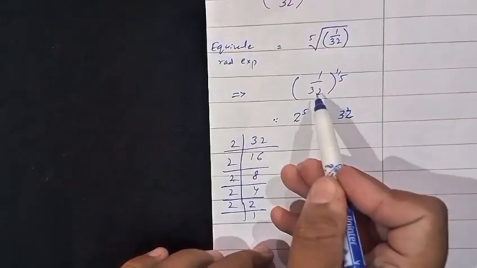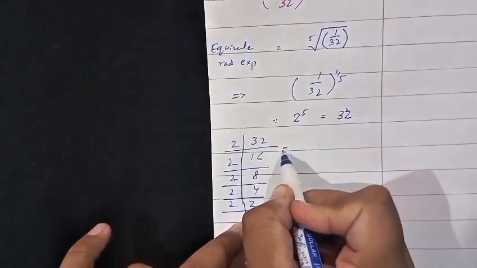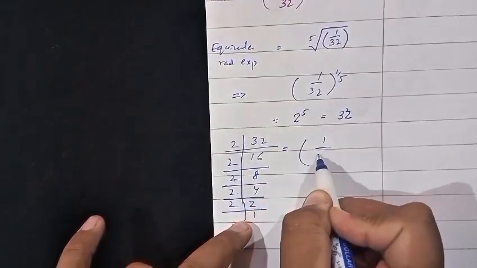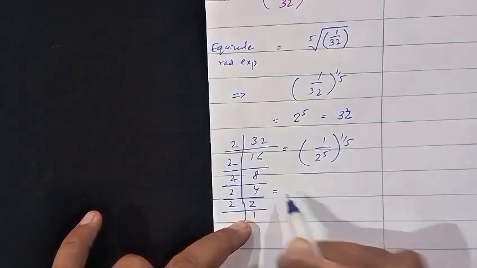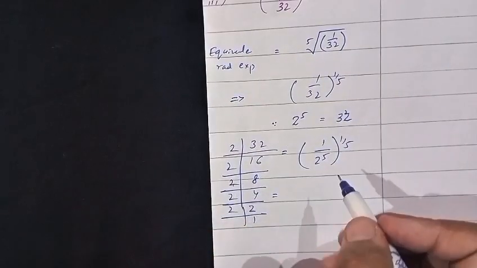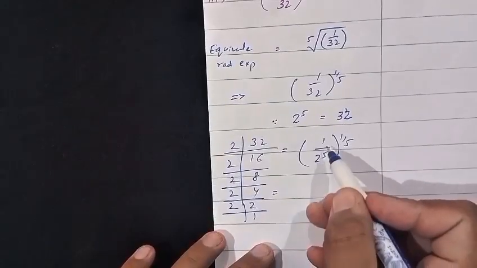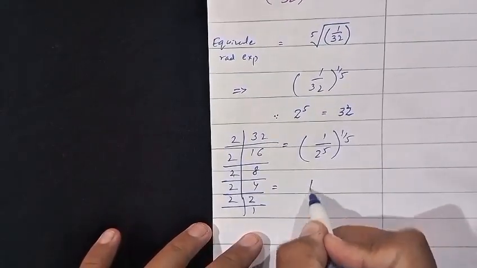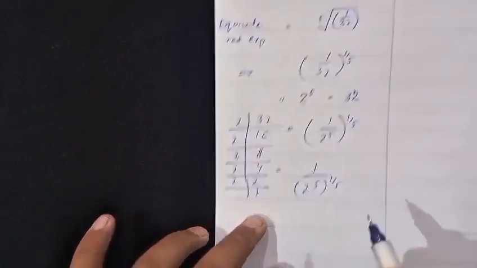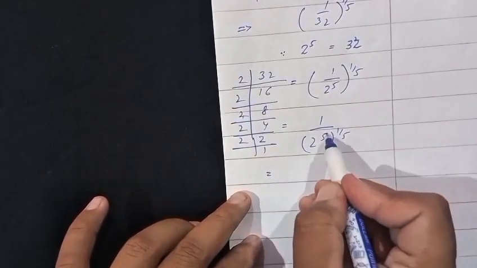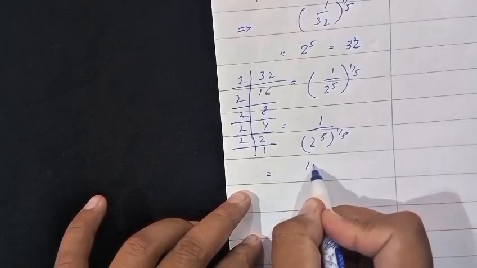We replace this in this exponential expression. Now by power of quotient law, we apply the power separately on both the numbers. So the powers cancel each other, so the answer is 1 by 2.